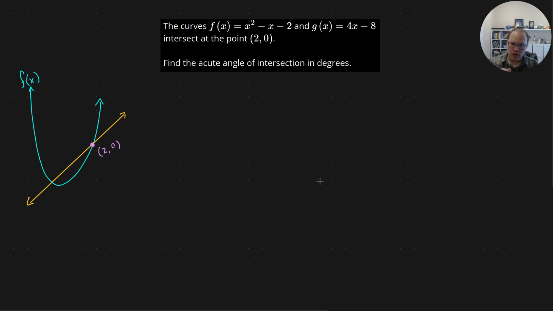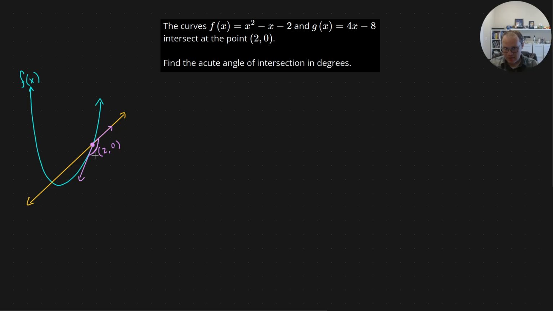We want to know the acute angle of intersection. That is, if we take the tangent vector here and the tangent vector here, what's the angle that we get? Okay, that's what we want. And notice we have to be careful because there are multiple possible answers here. There's that one that I showed, but I could also maybe get this one here.